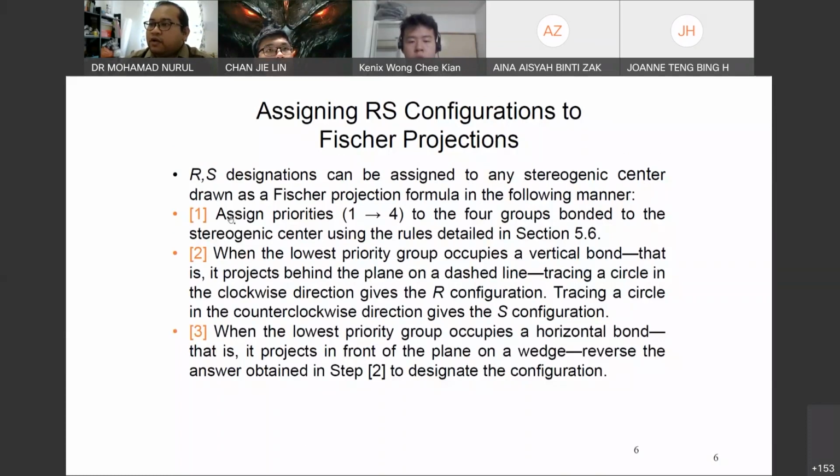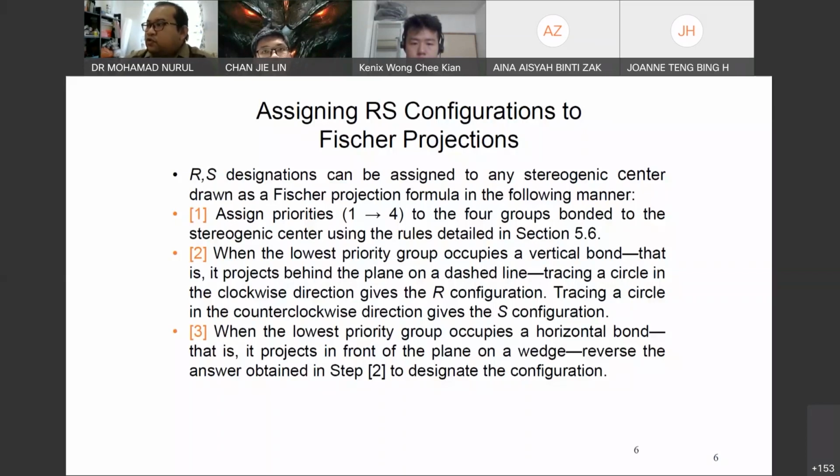First, you have to assign the priorities, similar to what we did in the previous lectures on how to determine R and S configurations. There are 4 groups on the stereocenter, using the same rules as in section 5.6. You have to refer to your textbook for that.